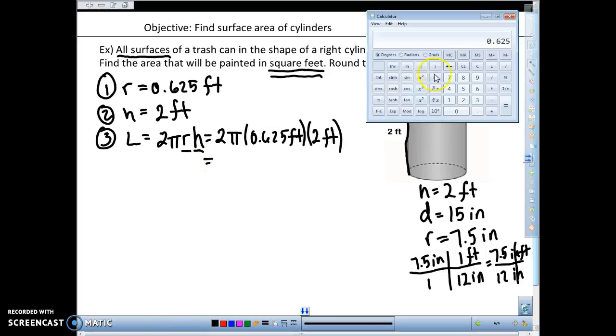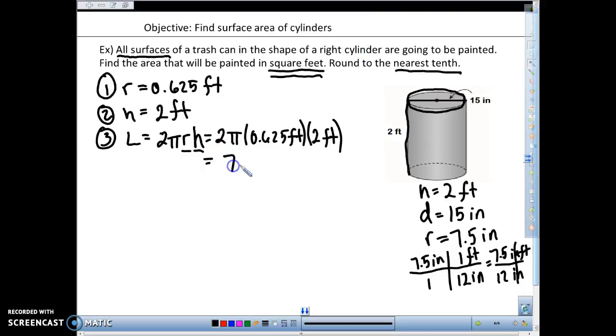And I'll go ahead and use my calculator. 2 times pi times 0.625 times 2 gives me approximately 7.9 square feet. Remember, we're rounding to the nearest tenth, so that's why I rounded to 0.9.